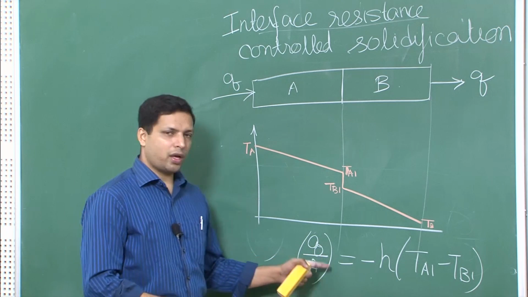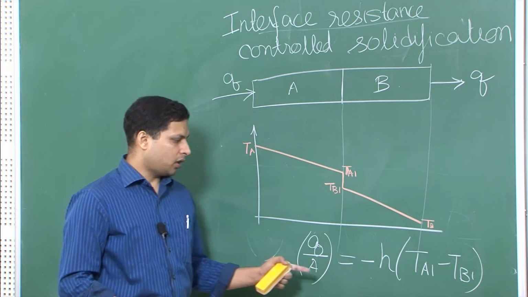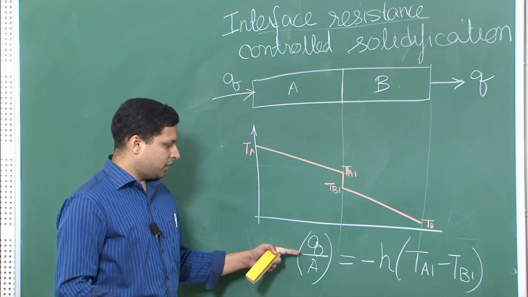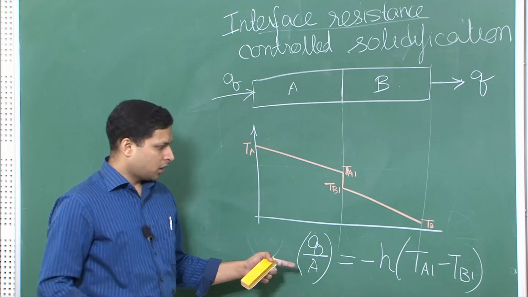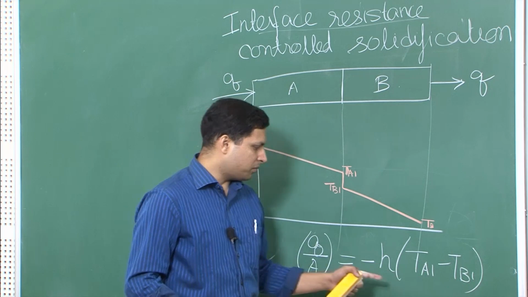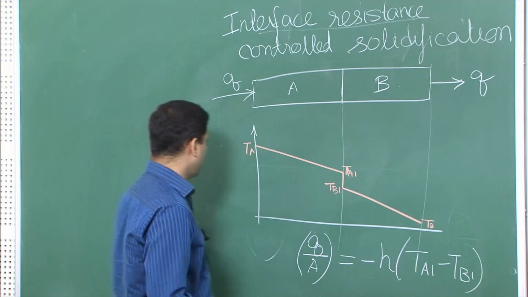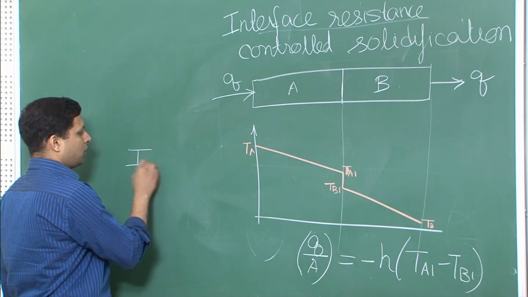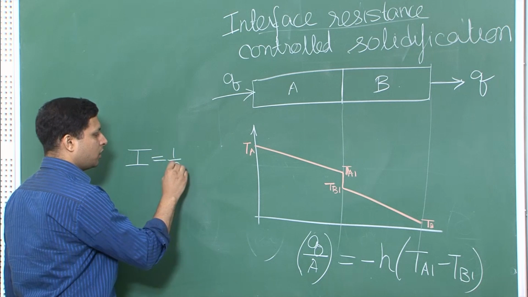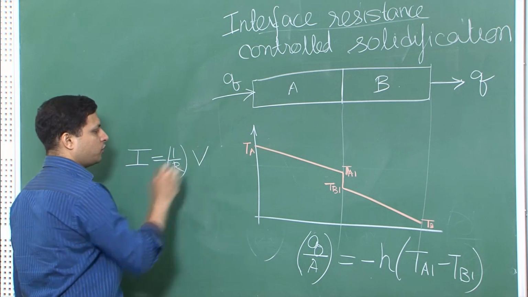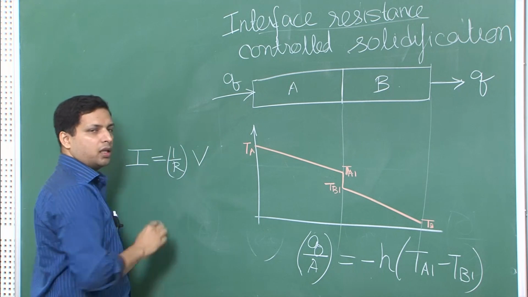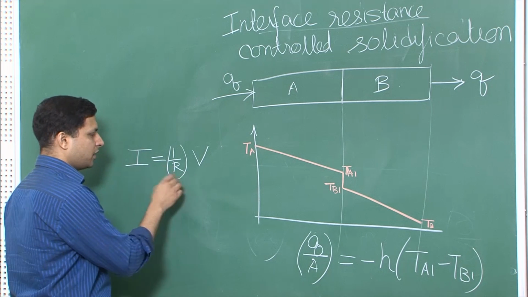Now next you will see why the analogy is given with current. This is like the current, this is like the voltage drop, and this is like the conductivity. You remember we have I equal to 1 over R times V, where 1 over R is the conductivity because R is the resistance.